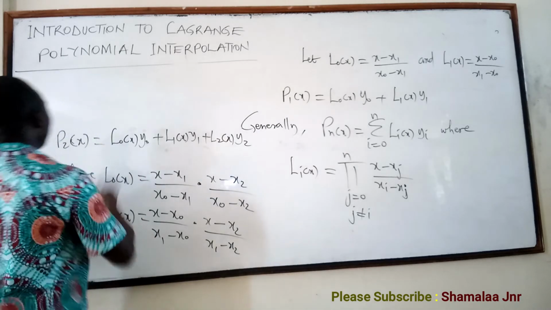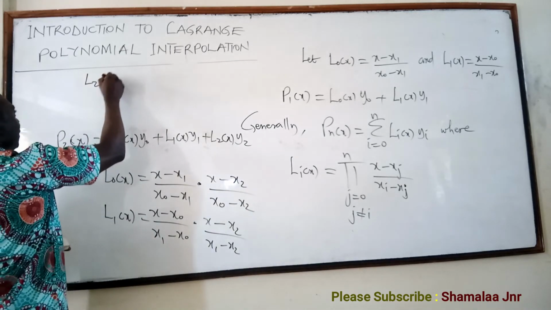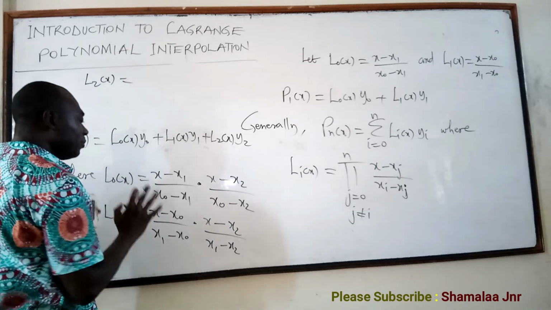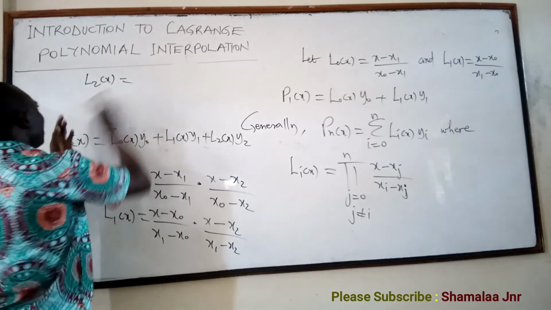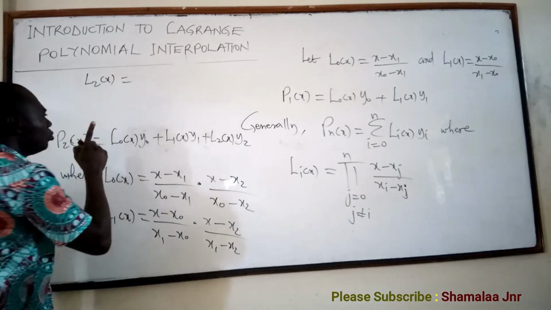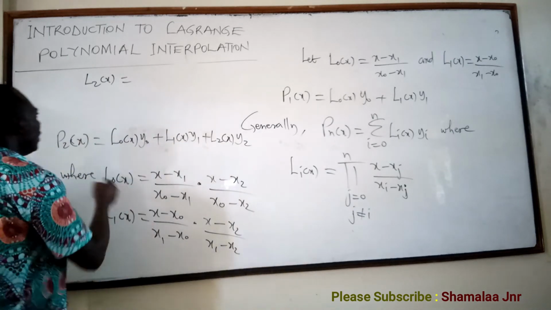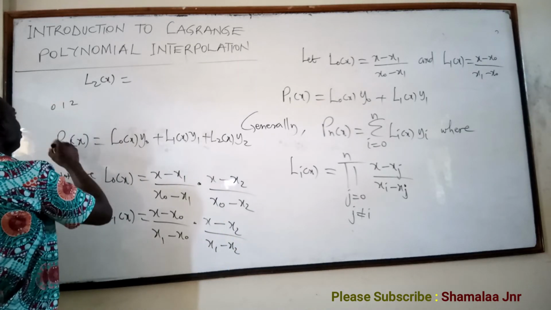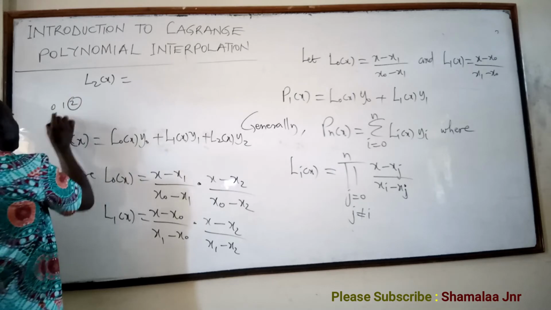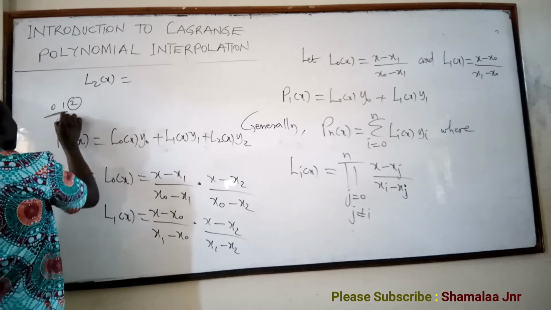Now let's move on to L2 of x, the last one as far as a polynomial of degree 2 is concerned. If you say L2 of x, straight away, i is 2. If i is 2, and the values which were available were 0, 1, 2, and 2 has been taken, it means that the values left are 0 and 1.